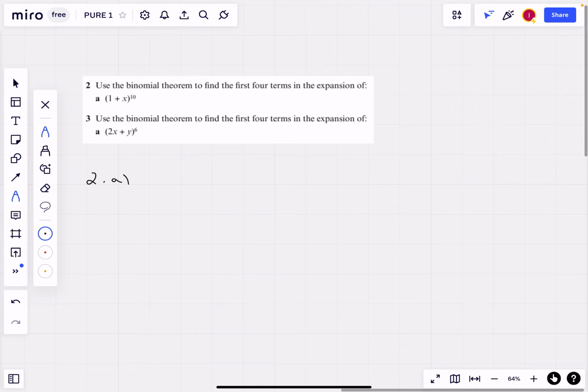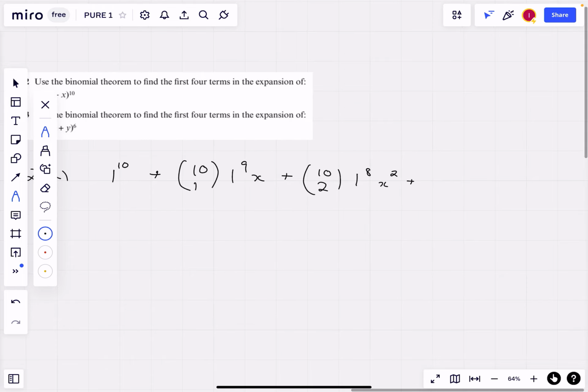Your method, your application of binomial expansion for the first 4 terms will look like this. There you go. And then the rest is just... You don't care about the rest because they have asked you for the first 4 terms only.